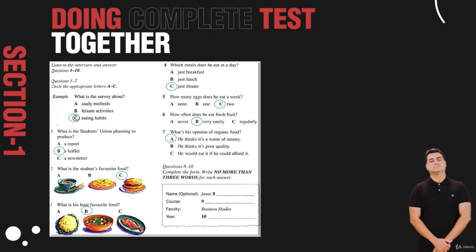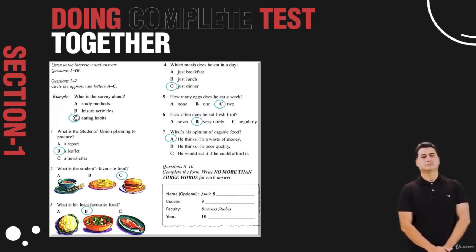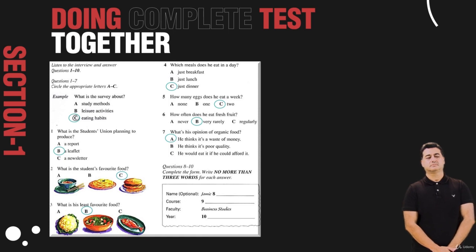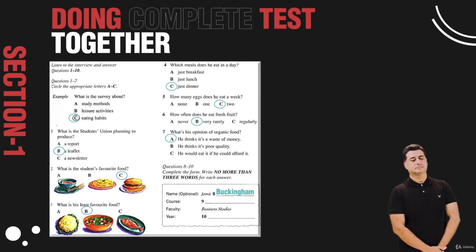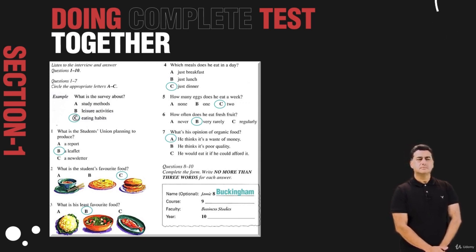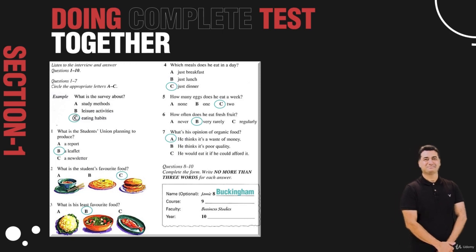If I could just take a couple of personal details. Your name? It's not obligatory, actually. Oh, that's all right. I'm Jamie Buckingham. Is that Buckingham as in the palace? Sorry? Yeah, that's right. Buckingham.